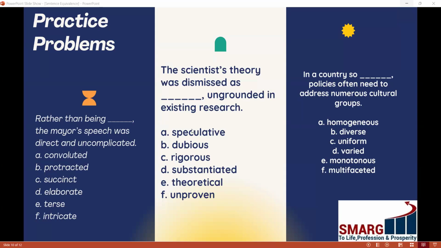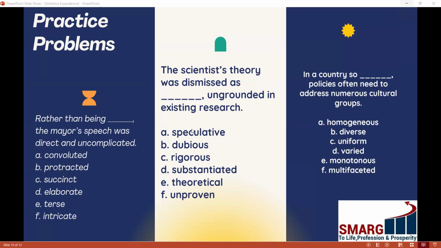So when I am describing a particular theory that is being given by a scientist, I have to use a certain set of academic words that are able to describe that theory. So dubious, theoretical, while it is a word related to research, here in this particular context, it is not making sense. So unproven and speculative.